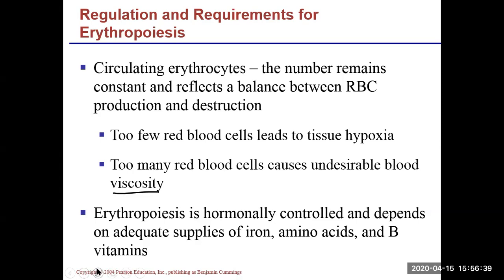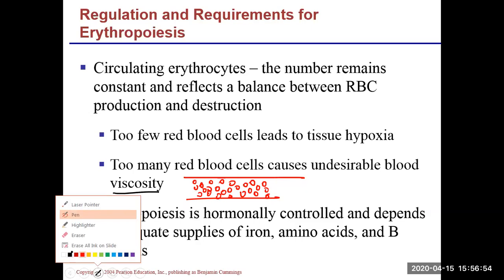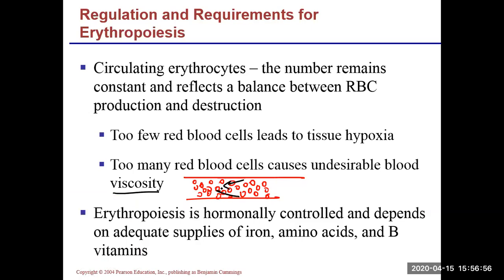The reason is when you have way too many, they could actually come into contact with one another and with the wall of the blood vessels. As they come into contact with the wall, they slow down. And now you need increased blood pressure to deliver the same amount of oxygen.